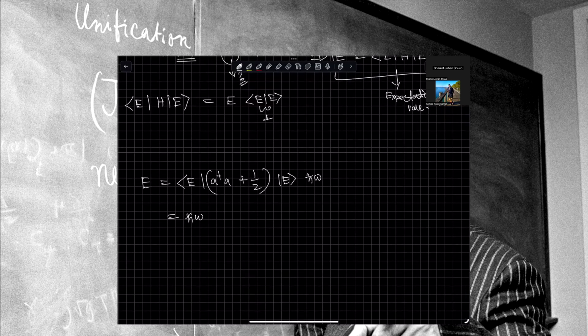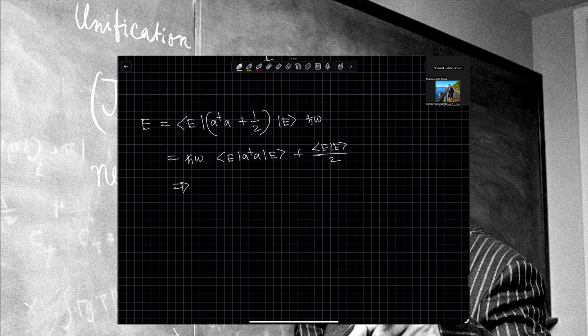So this is h bar omega times bra E, a dagger a, ket E, plus 1/2 times bra E ket E. But since these are basis vectors, this is again 1. Sometimes people even write the expectation values like this, getting rid of the basis, and you can write the basis downstairs as well. It's up to you. So this is the energy eigenvalue, right?